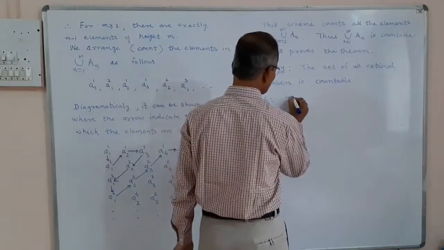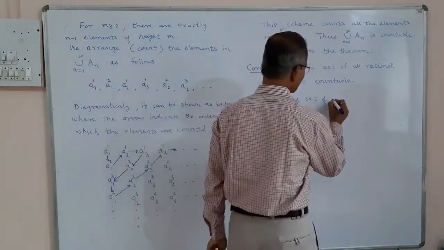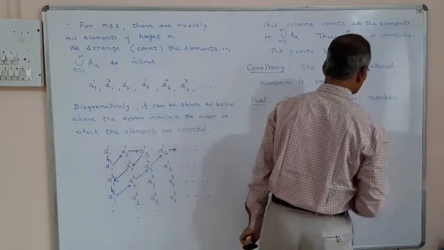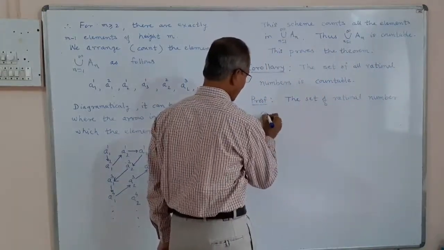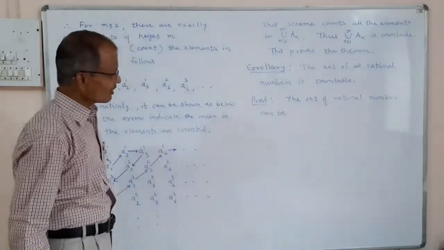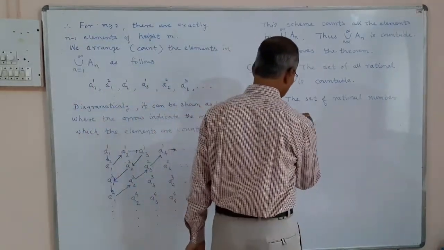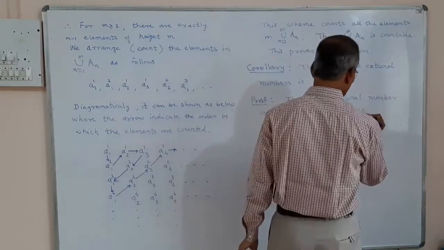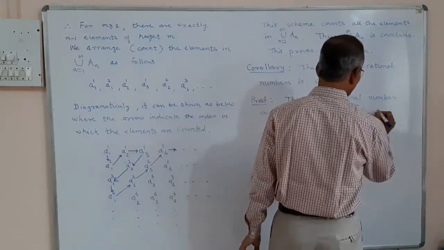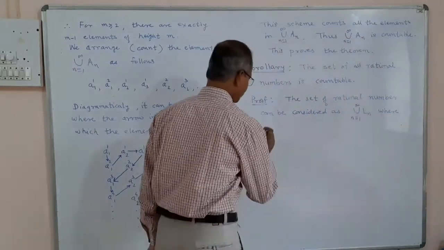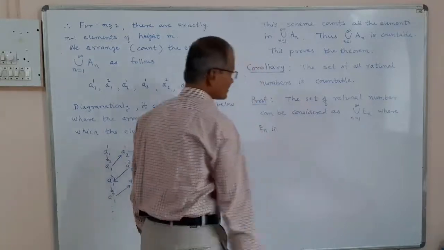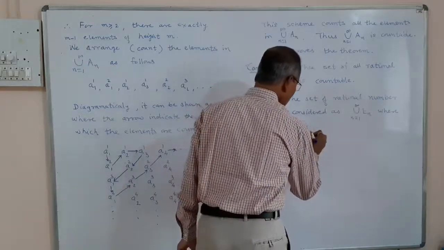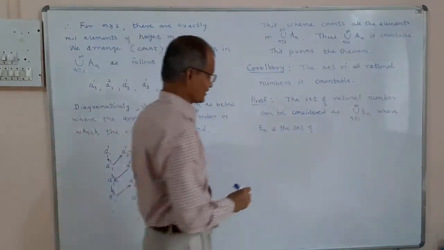The set of rational numbers can be considered as the union of En, where n takes values 1 to infinity, where En is the set of rationals, not integers.